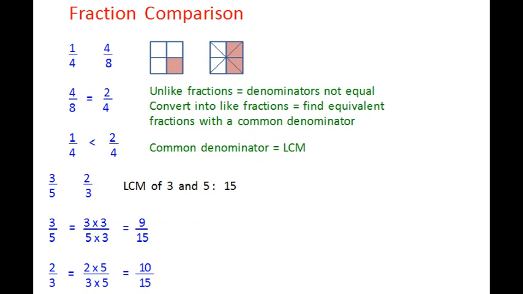So we want to convert the denominator to 15. So we multiply the denominator by 3. Since we multiply the denominator by 3, to make it 5 multiplied by 3 equal to 15, we should multiply the numerator also by 3. So the numerator becomes 3 multiplied by 3 equal to 9.